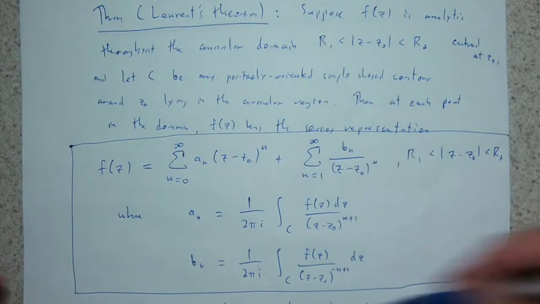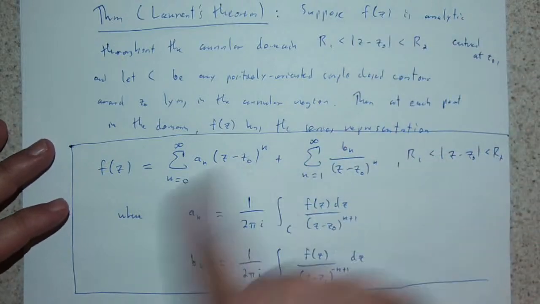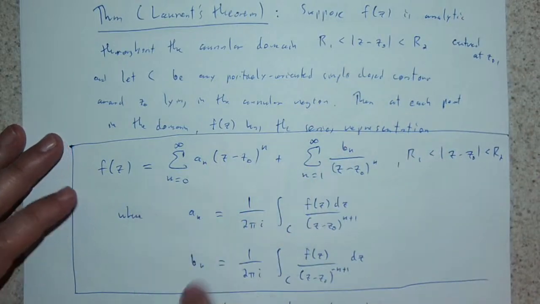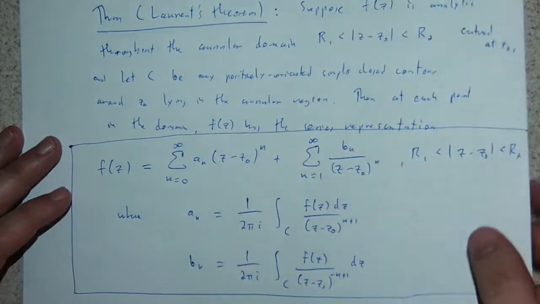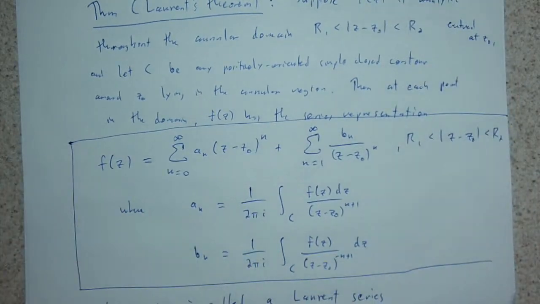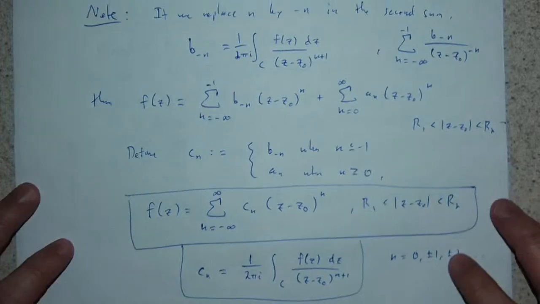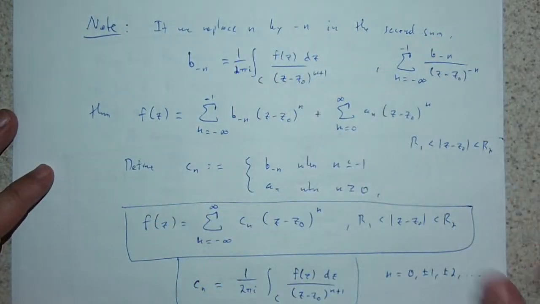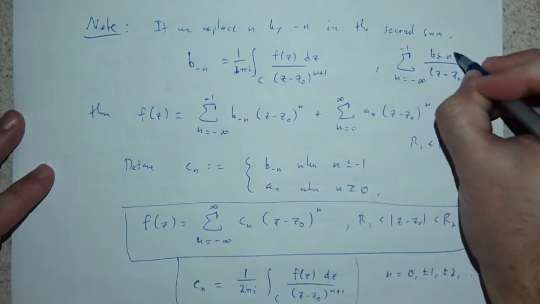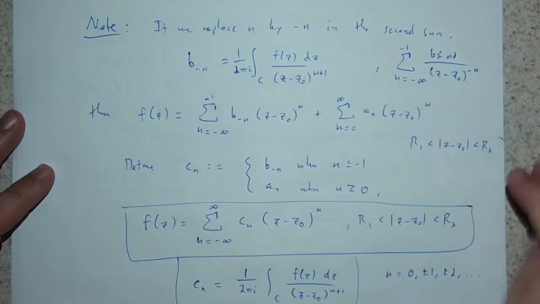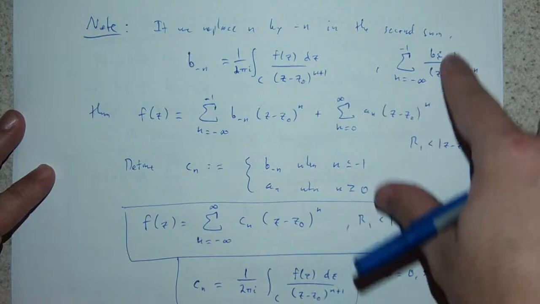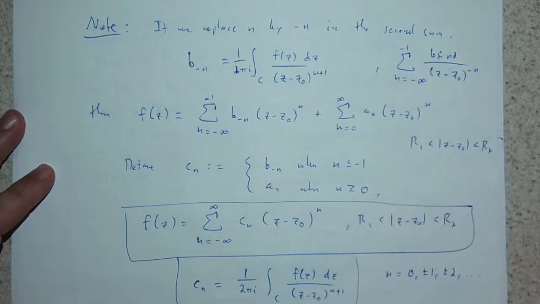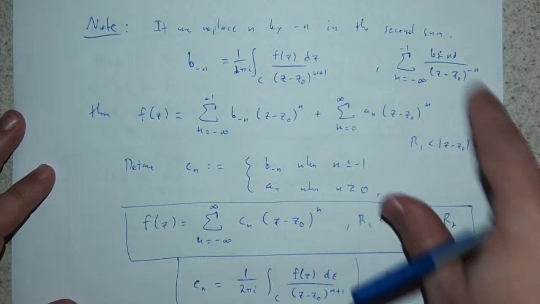Now, as we saw when I first introduced this, through a little bit of algebraic rewriting, I can write this in a slightly more compact form that's more convenient a lot of times to deal with. So if I do exactly what I mentioned before, if I replace n by minus n, I view this as b sub minus n here, and I'm summing over the negative powers of z.